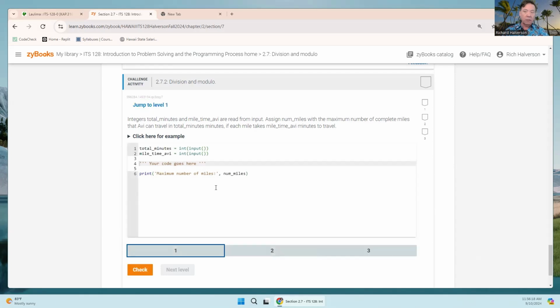In this one, integer total minutes and mile time, AVI, are read from input. So these two numbers are read by input, and we're going to calculate num miles, the maximum number of complete miles.